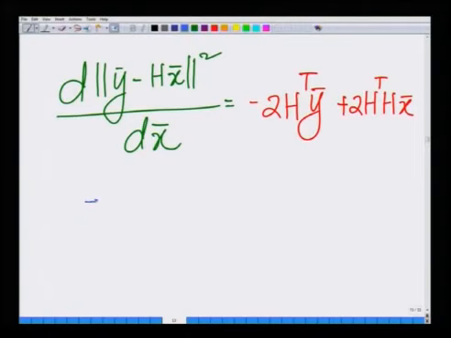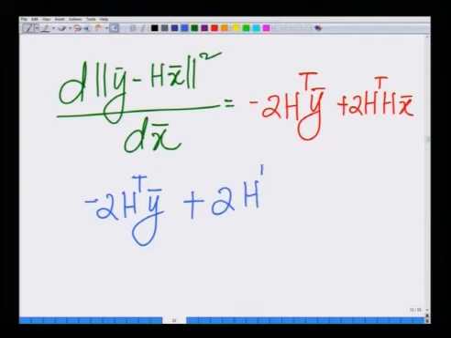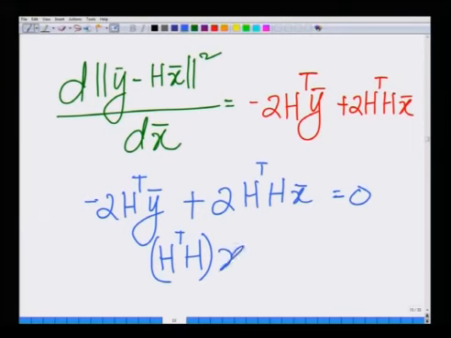So, that gives me minus 2 H transpose y bar plus 2 H transpose H into x bar equals 0, which implies H transpose H into x bar equals H transpose y bar, all right.